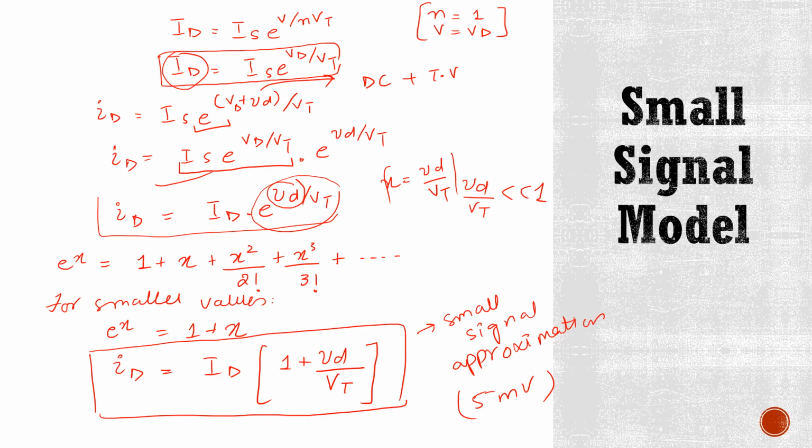Now we can write this equal to sign like this, which is showing approximation.